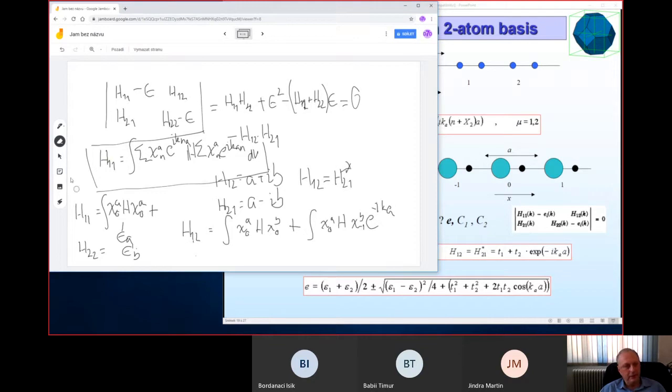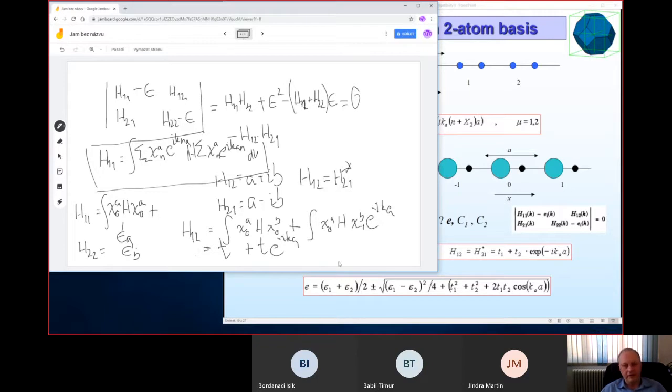So it is equal to the transfer integral t plus t e to the minus ika.